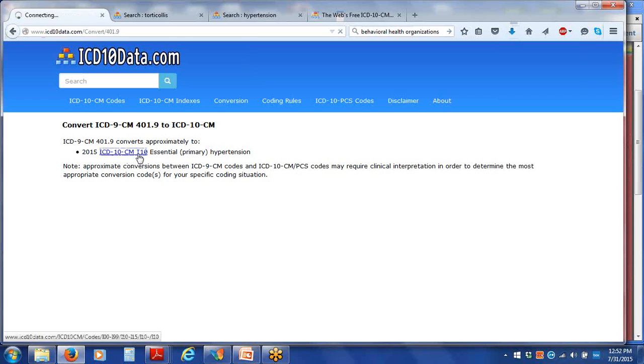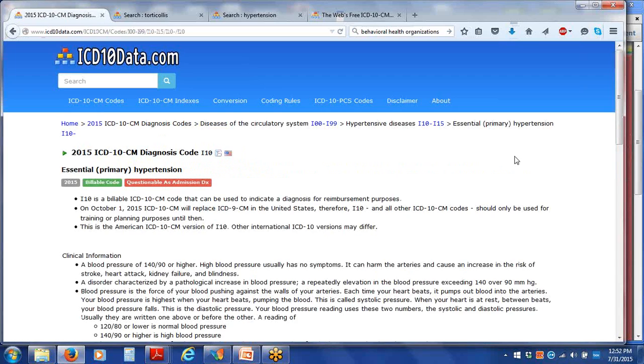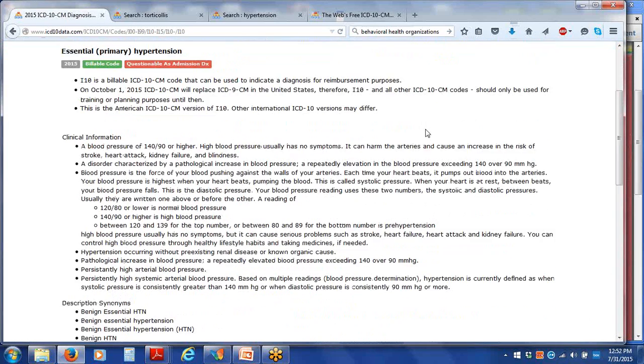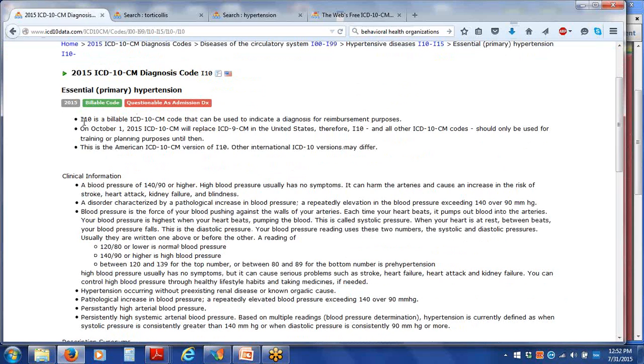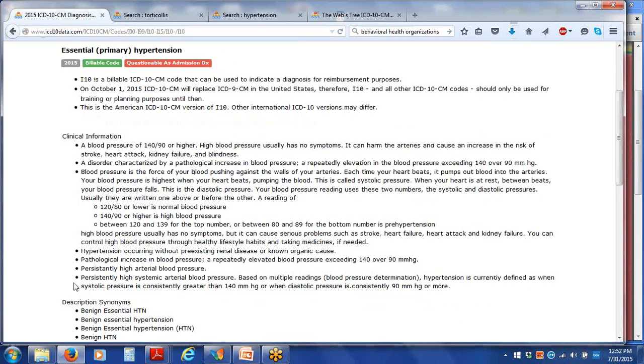And if you click on that, it gives you a lot more information. It will tell you, number one, that this is a billable code that can be used to indicate a diagnosis. It will give you the clinical information as to what validates this code. So in your documentation, you would need to consider using some of this clinical information as proof that this code is medically necessary.